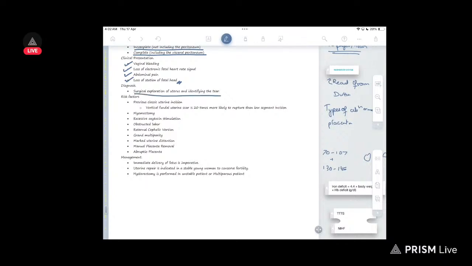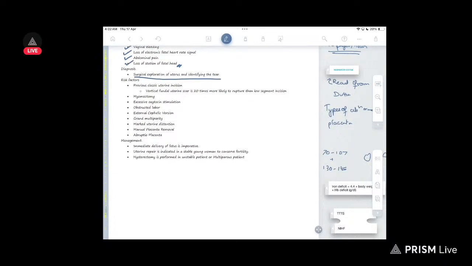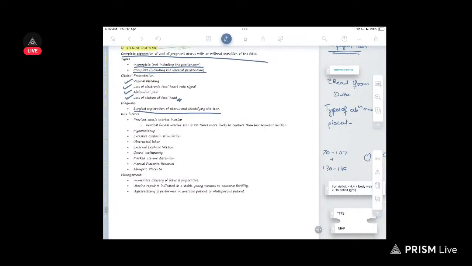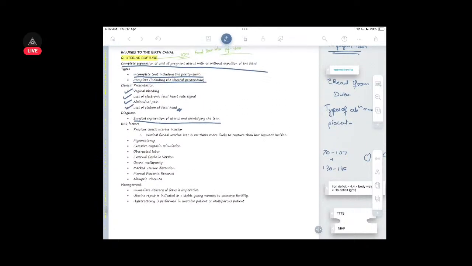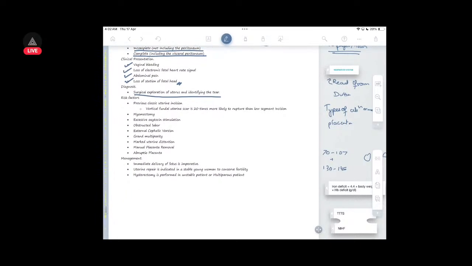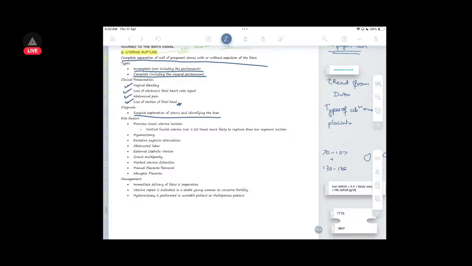Treatment is surgical exploration of the uterus and identifying the tear. Bleeding, loss of electronic fetal heart rate signal, abdominal pain, loss of station of the fetal head. In incomplete rupture, the peritoneum is not included.